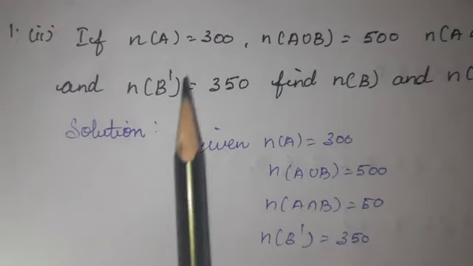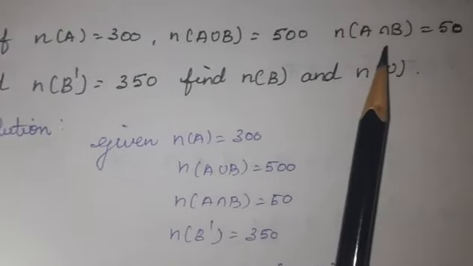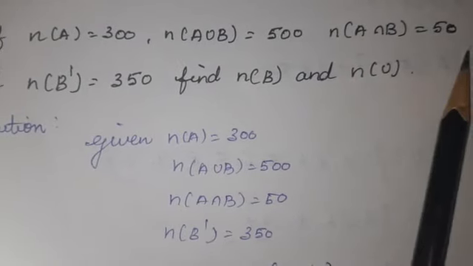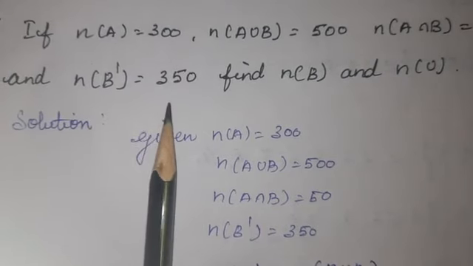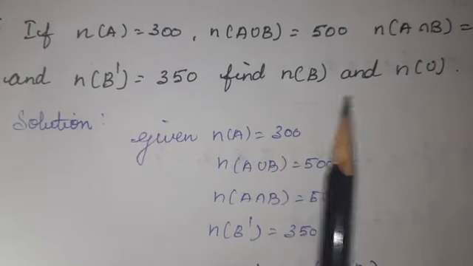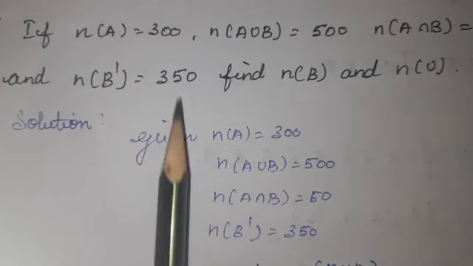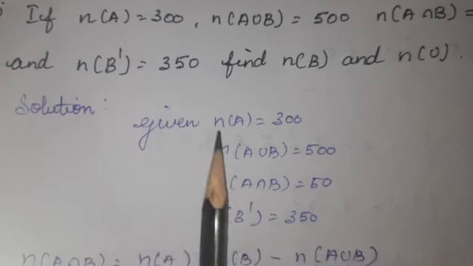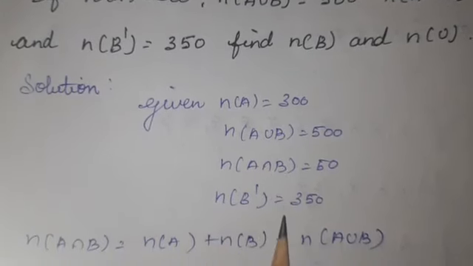If n(A) = 300, n(A ∪ B) = 500, n(A ∩ B) = 50 and n(B complement) = 350, find n(B) and n(U). Solution: whatever they have given in the question, I have written here: n(A ∪ B), n(A ∩ B), n(B complement).